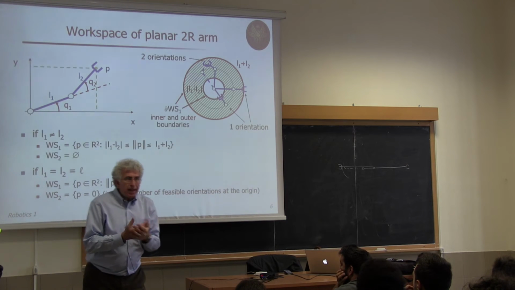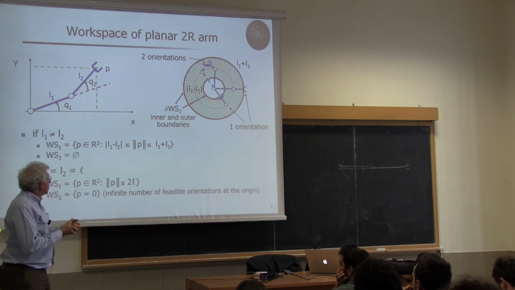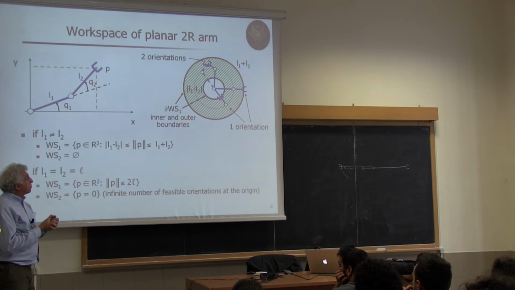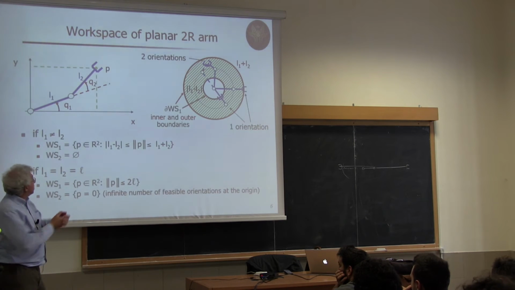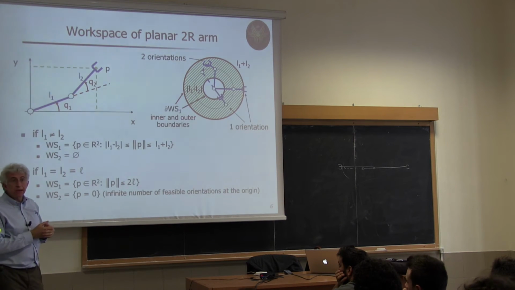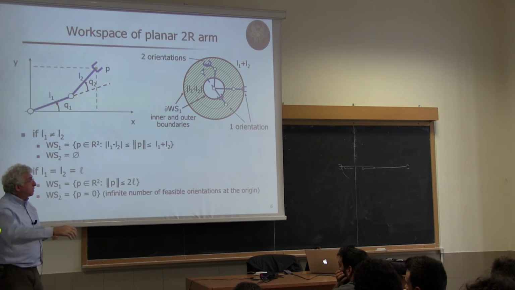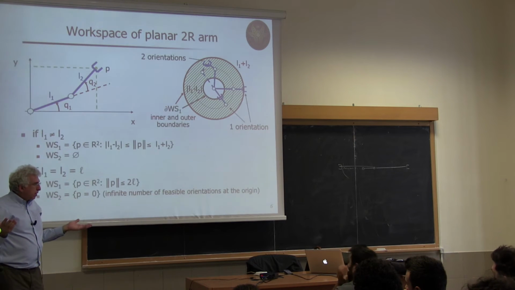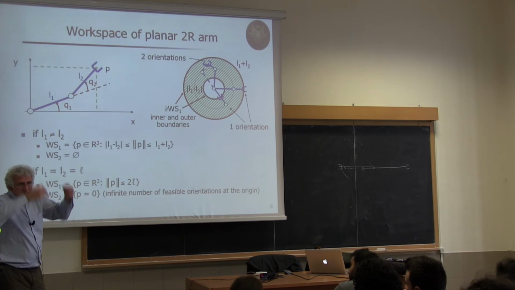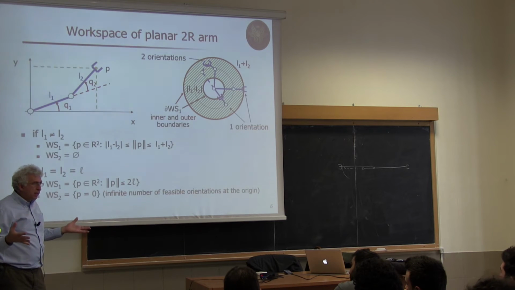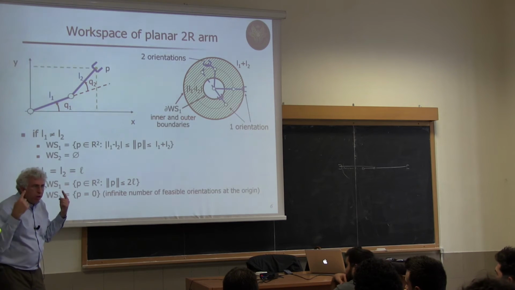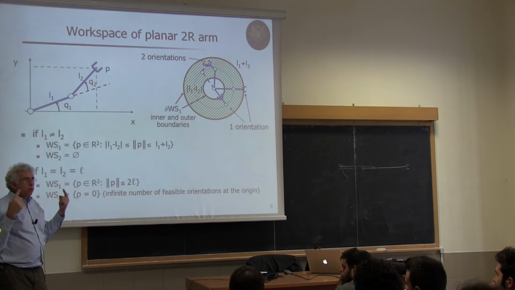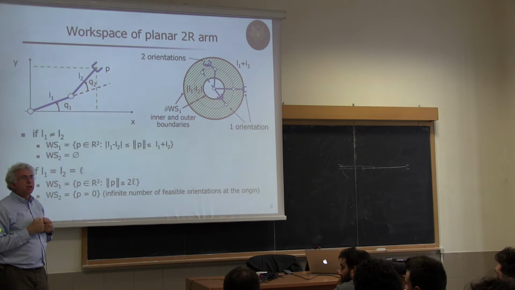But something else happens, because now the origin of the reference frame, XY, when the arm is completely folded, it's just a particular position in the primary workspace. Actually, it's the center of the primary workspace. But it's also the only point which is inside the secondary workspace.